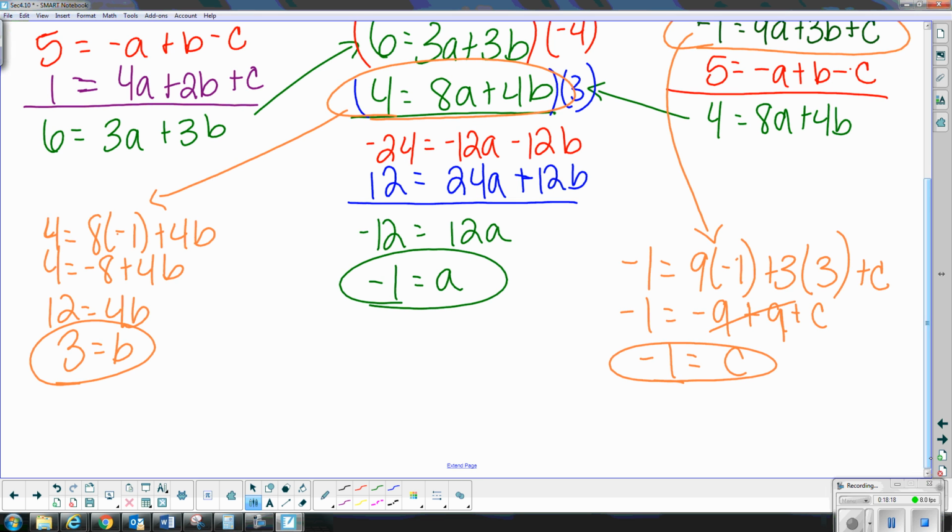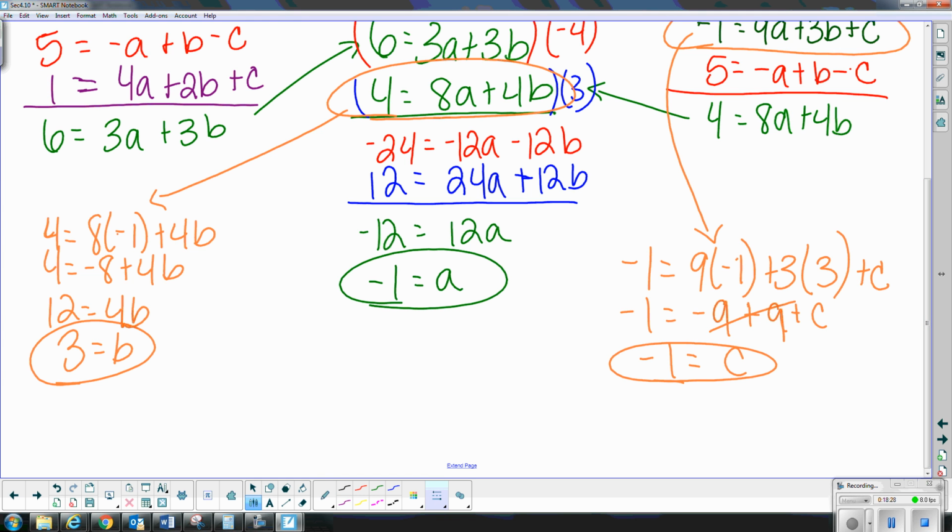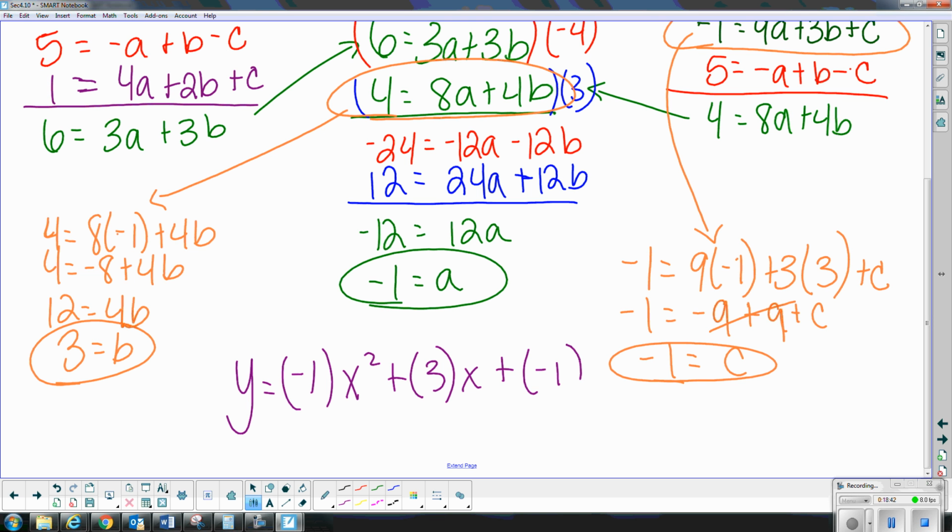So that's not the question. It's not to solve for A, B, and C. It's to write a quadratic function in standard form. So now that I have all my A, my B, and my C, I can write it in standard form. So y equals A x squared plus B x plus C. And make sure you simplify this.